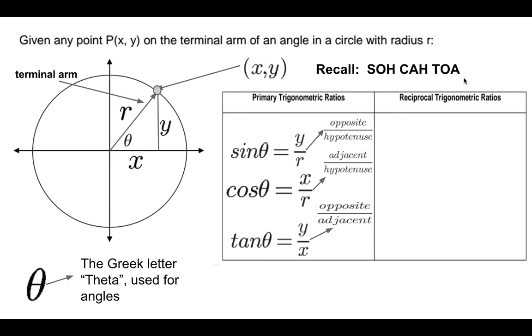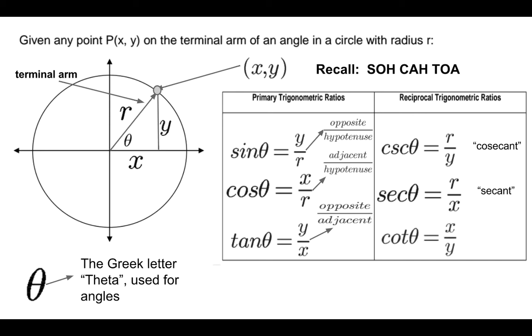The reciprocal trig ratios, by definition, are really if we divide it in an opposite order. So if you think about all the combination ways that you can divide the three sides, there's actually 6 different ways, not just 3. And so if you divide it in an opposite order, r divided by y instead of y over r, we call that cosecant. When you divide r by x, we call that secant.